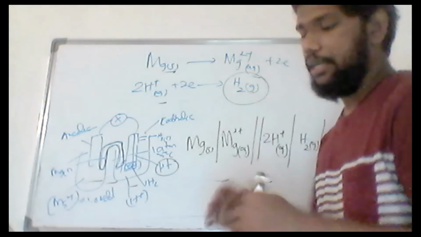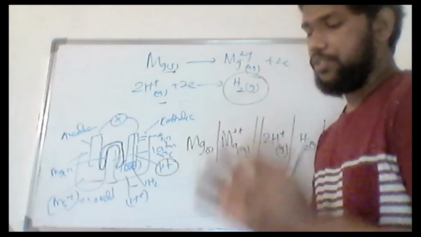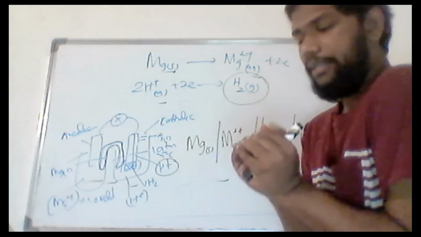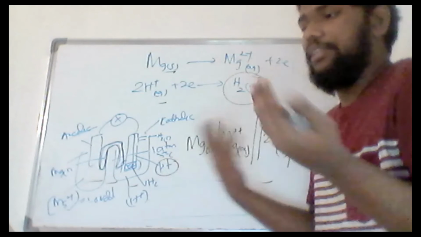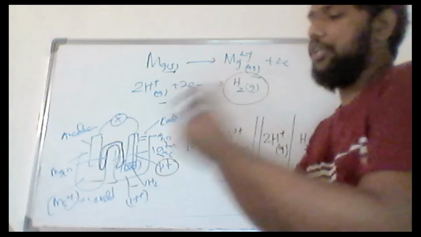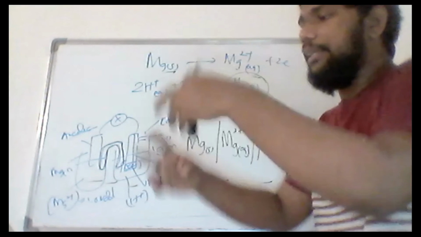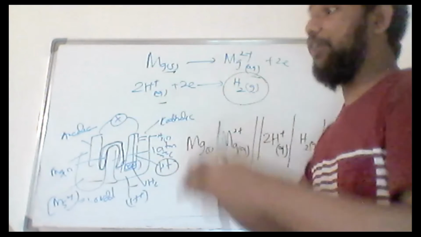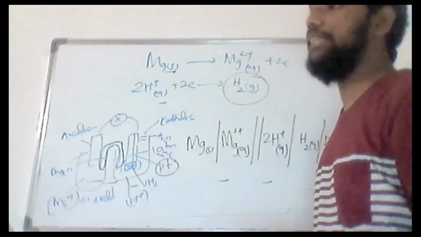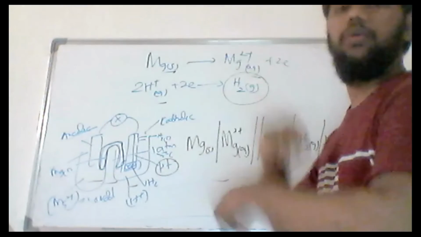Because for a solid, the packing arrangement is tightly packed. The entropy is low because they cannot move as they want. But when you go from solid to liquid, there is a little space among the molecules, so there is some freedom. When you go from liquid to gas, there is a high random nature. The gas molecules will go everywhere.